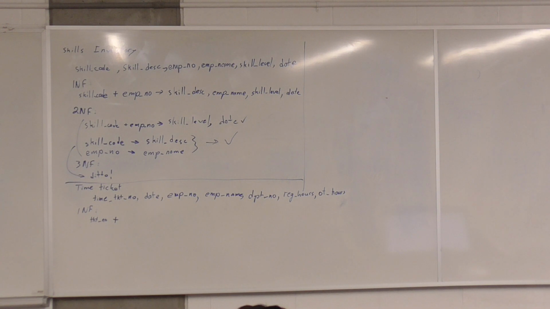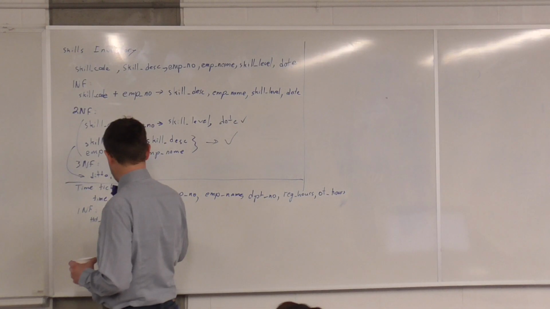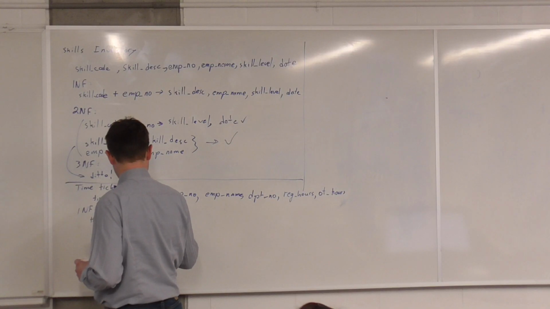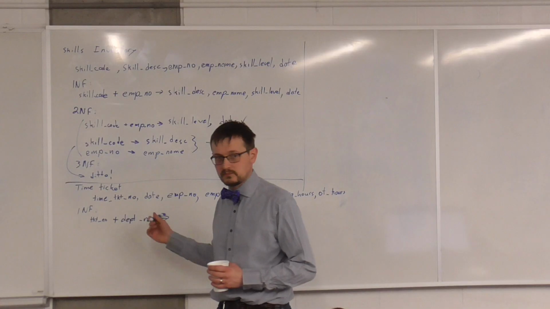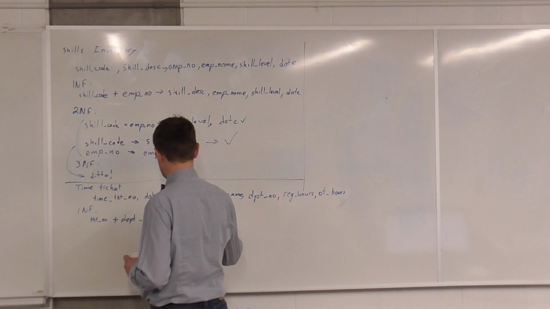We're kind of doing an implicit group by department ID now. But given where we are, I think this is a good approximation. So, ticket number and department number will be our composite key, and the rest will fall in line.